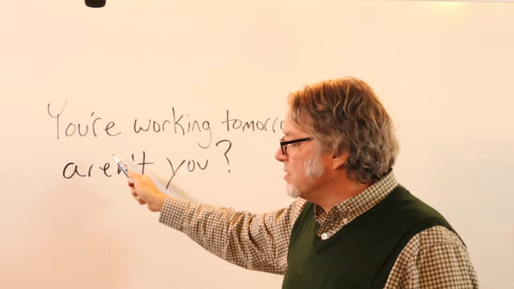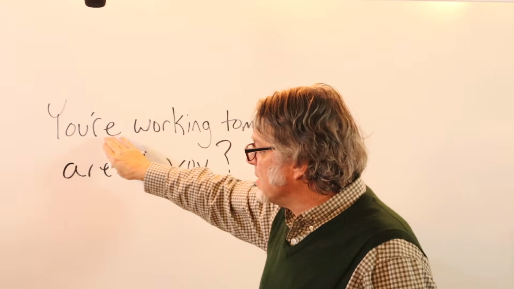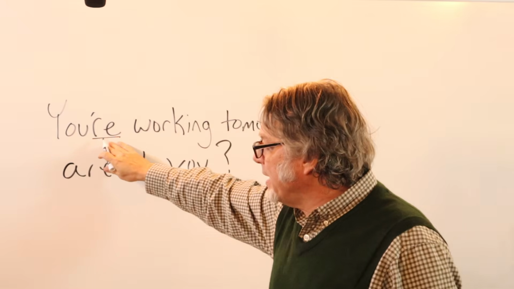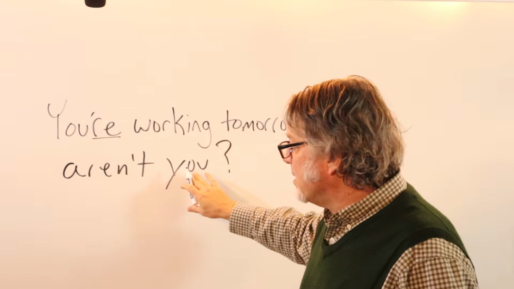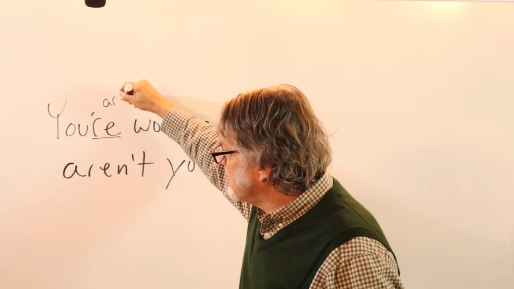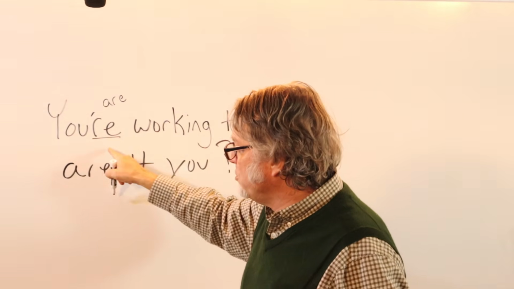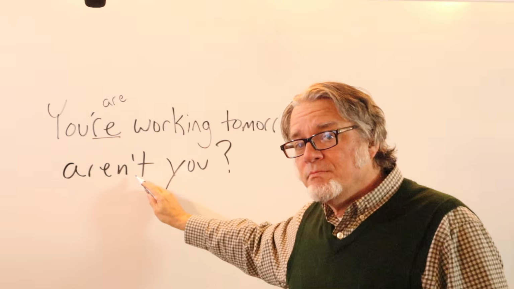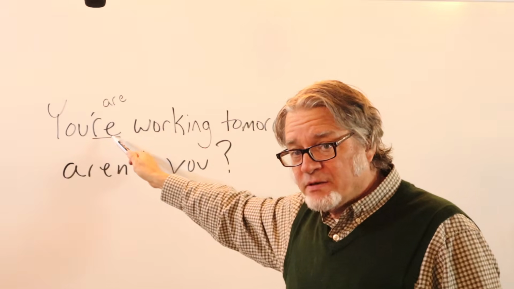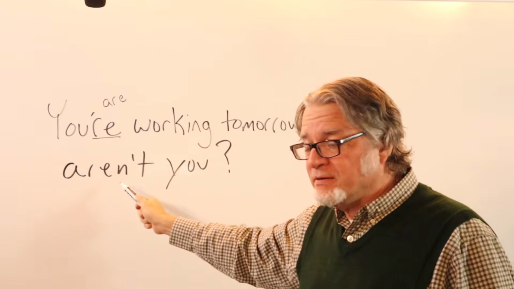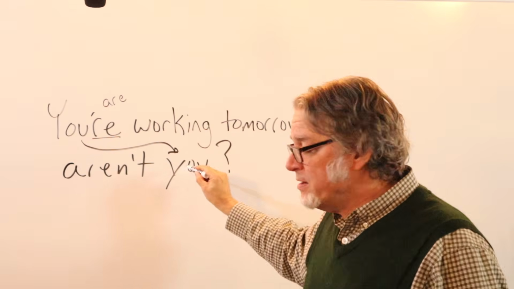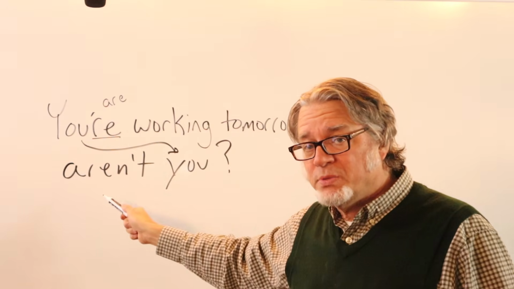The tag question repeats the verb, in this case the helping verb, and then the subject. So here is are, and when you make the tag question, make the negative, if this is affirmative, this becomes negative, and then the subject just moves here after this verb.